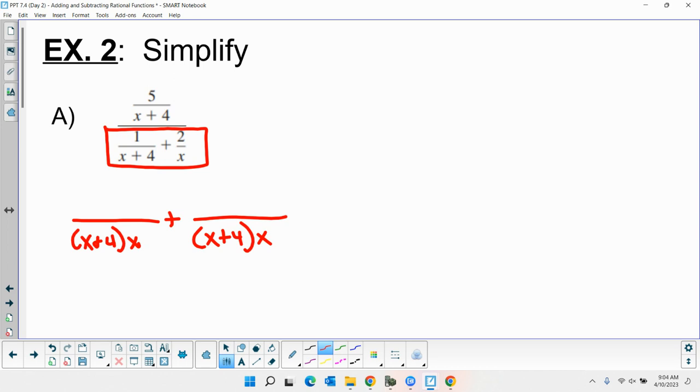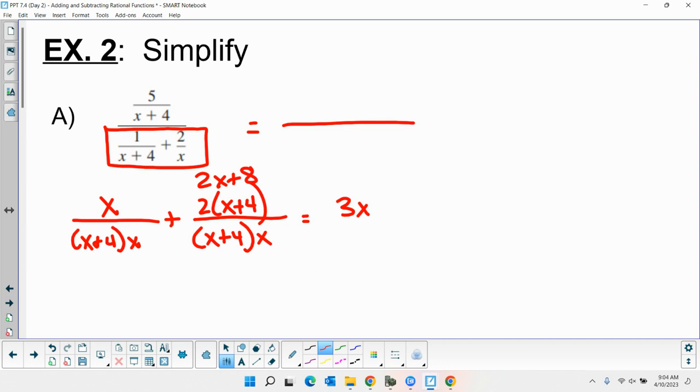So what did I multiply the original numerator or denominator by? X. So what's 1 times x? X. What did I multiply this original denominator by? So I got to multiply the 2 times x plus 4. Distribute, just like we were doing. What's 1x plus 2x? 3x.